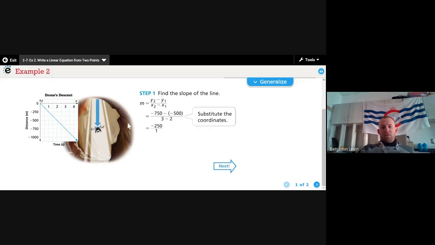They used negative 750 in 3 seconds and negative 500 in 2 seconds. But they still got what I got, right? Our slope is negative 250 over 1. That would be the slope if you were asked in Delta Math, which you would have to simplify to just negative 250, right? The slope is negative 250. The drone descends 250 meters per second.